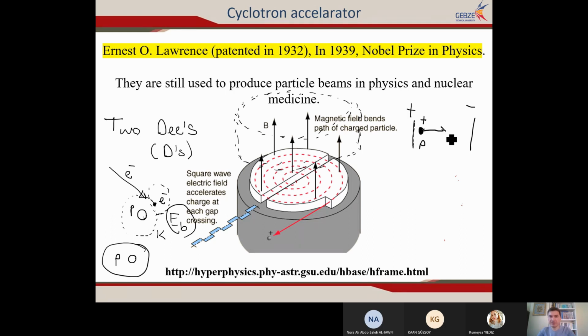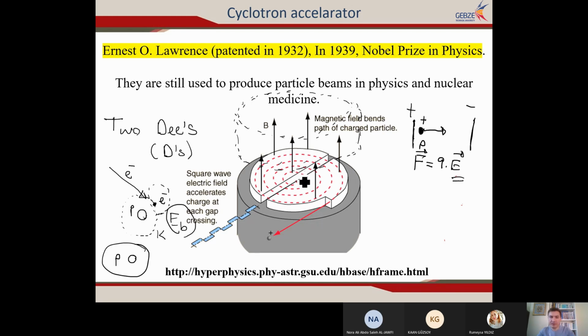Then you can accelerate this proton under the electrical field here, right? So if we have an electrical field here, there will be a Lorentz force, which you have learned in the previous lectures, which is given by Q times E. E is the electrical field between these two plates, and Q is the charge of the proton, and this is the force acting on the proton due to the electrical field. Then this proton will gain kinetic energy. It will be accelerated, right?